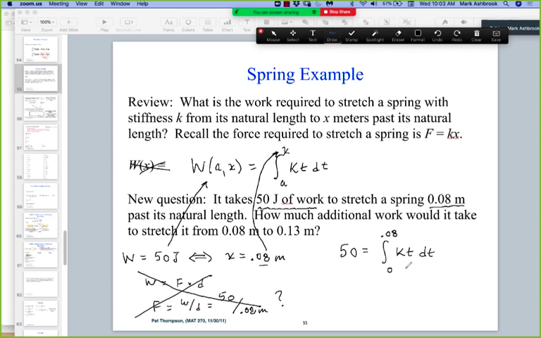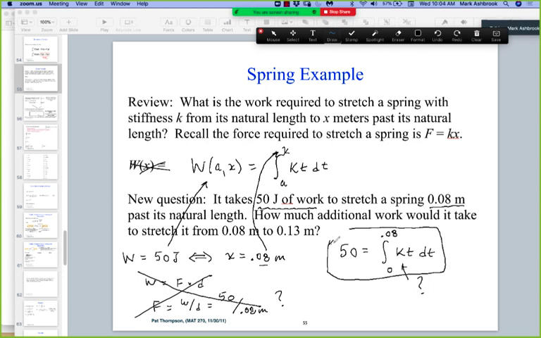So the missing element here is, what is k? Once we have the spring constant, then we can find accumulated work for all different kinds of situations stretching the spring. All right, so we need to solve for k. Let's do it.